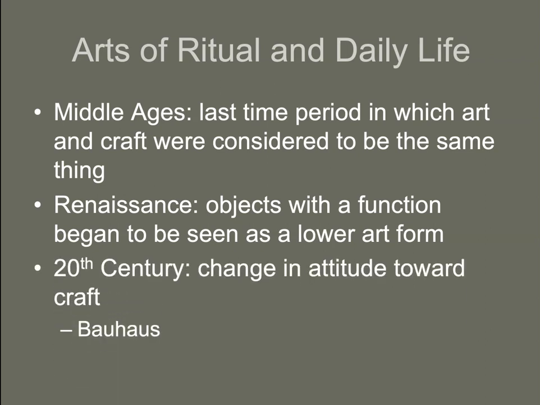But in the 20th century, we see a change in attitude towards craft, particularly with the Bauhaus school, in which form and function became united in the pieces that were created. And it was a union of art academy and a craft workshop. And this change that happened in the early 20th century has brought Western thought more in line with that of the rest of the world, actually.